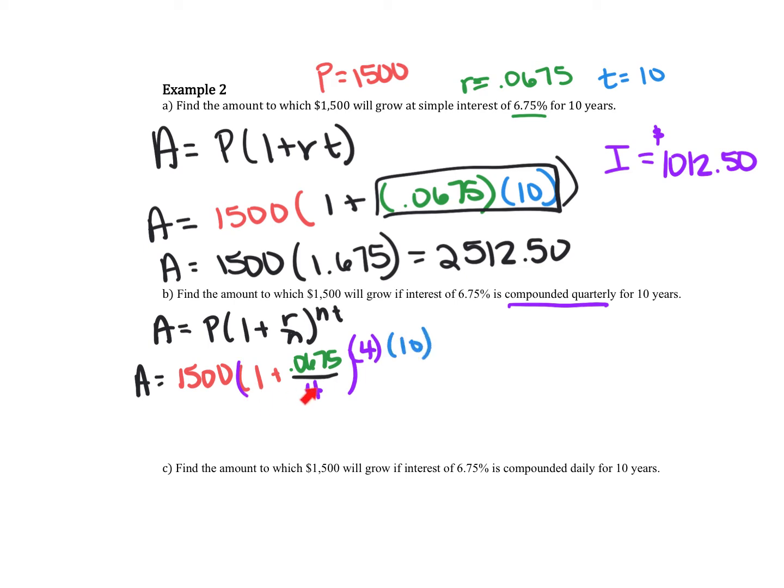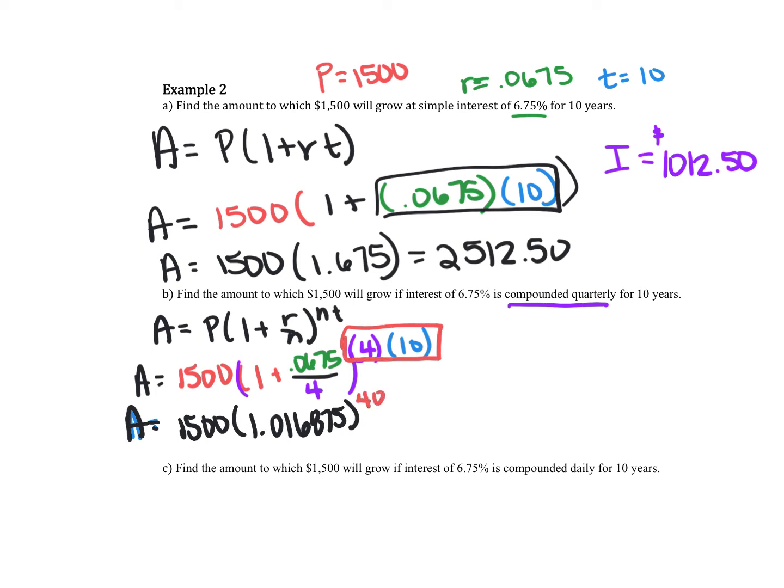Again, I'll work everything inside first. I do 1 plus 0.0675 divided by 4, and I get A equal to 1,500 times 1.016875. I'm also going to calculate this part up here, 4 times 10, that's raised to the 40th.